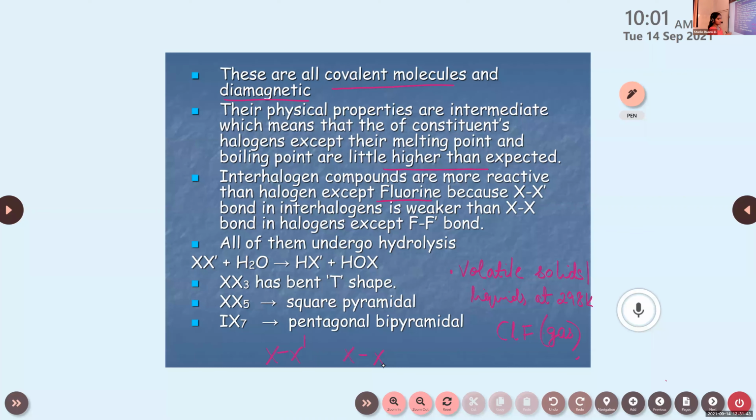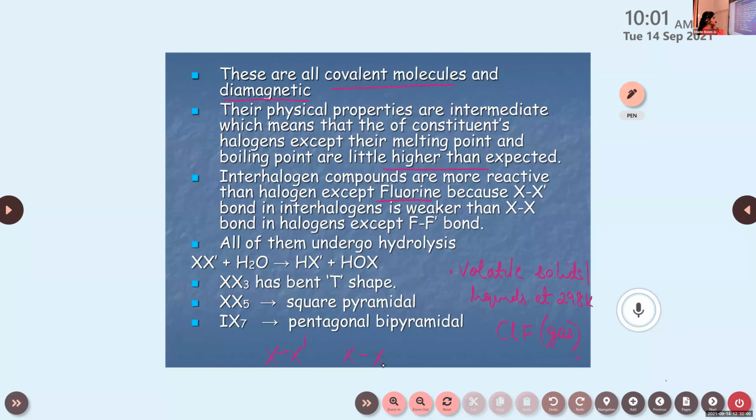XX' means different halogens combined together to form a molecule. So the XX' bond is weaker than the XX bond. That means it is easy to break the bond between these atoms, so it will be more reactive.